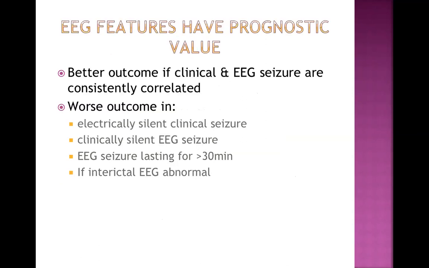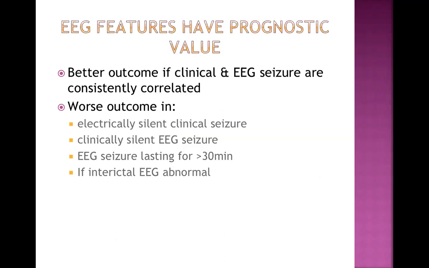Now, what is the role of EEG regarding the prognostic value of neonatal seizure? There is a better outcome if clinical and EEG seizures are consistently correlated. What does that mean? The baby is having a visible seizure, you can easily identify this as a case of neonatal seizure, and at the same time EEG is also showing some abnormality, then this has a better outcome.